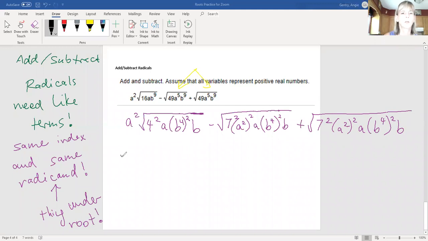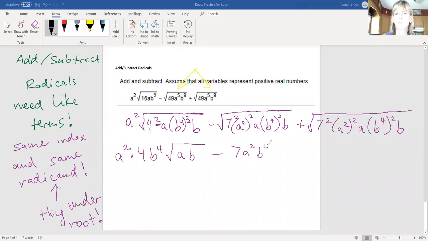Okay, this A squared comes down. What comes out? A 4. What else comes out? A B to the 4th. So if you want to circle those or mark them somehow, whatever they're attached to is what comes out. And then what's left over, square root of AB. Minus 7 comes out. A squared comes out.